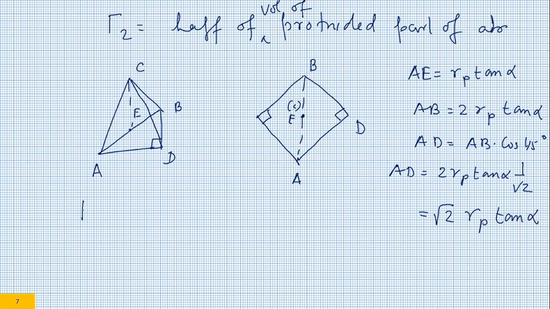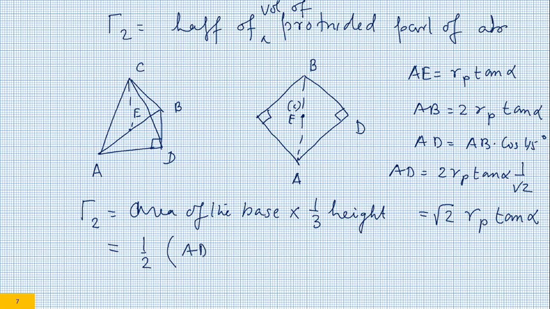How do you find out this gamma 2? Gamma 2 is area of the base into 1/3 height. So how much is the area of the base? Area of the base is half into AD square into 1/3 height.